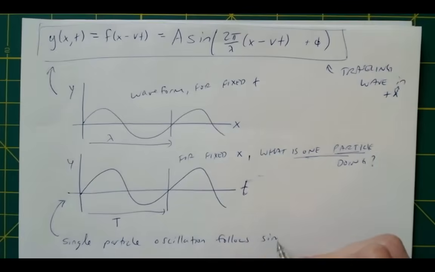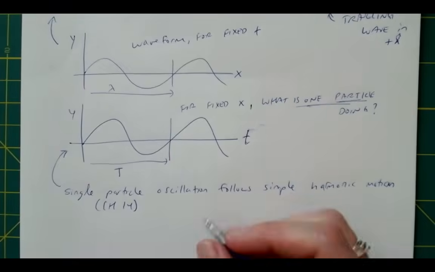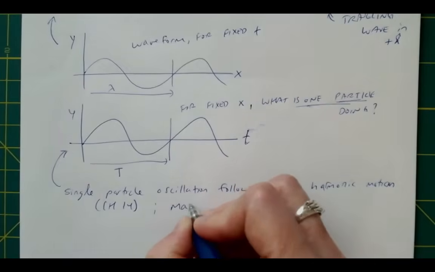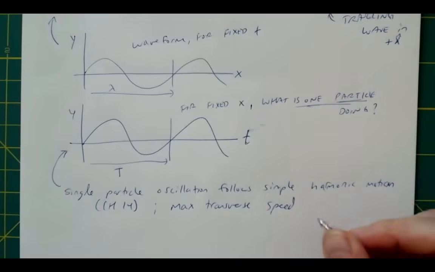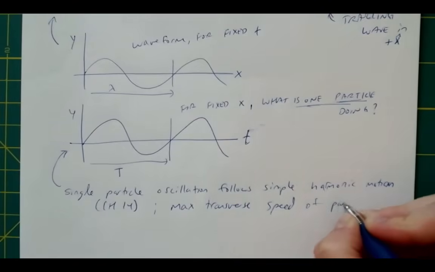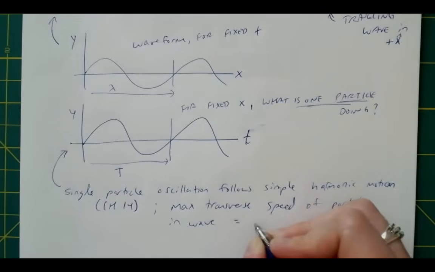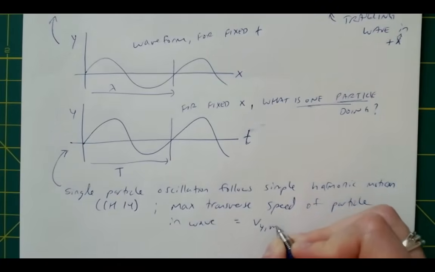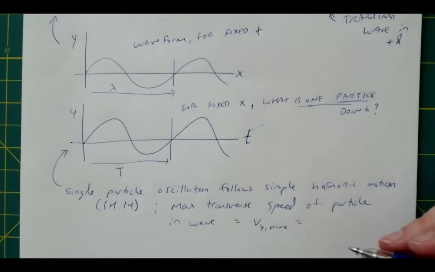follows simple harmonic motion. And that's from chapter 14. And so we know, just like we did then, that the max transverse speed of a particle in the wave is going to be equal to what we'll call now Vy max, so the maximum speed that something oscillates with.